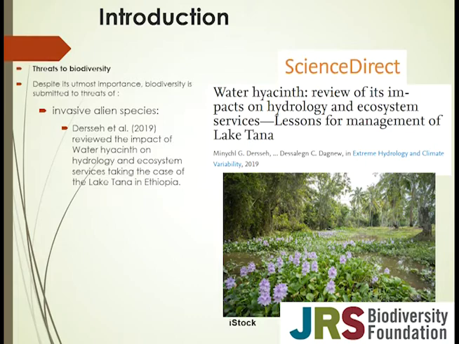Another threat related to invasive alien species, as I said, is the example of water hyacinth. They reviewed the impact of water hyacinth on hydrology ecosystem services, taking the case of Lake Tana in Ethiopia.